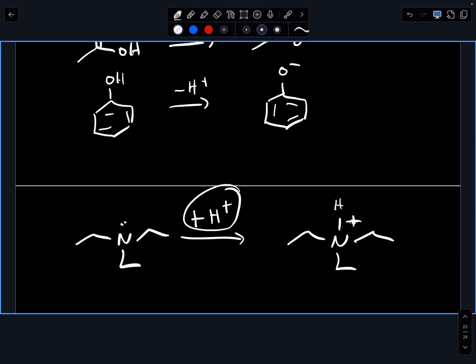In any acidic environment, there's lots of hydrogen, so if it needs a hydrogen, put it in acid. And if you need to take a hydrogen away, you need to put it in base, because there's a lack of hydrogen.